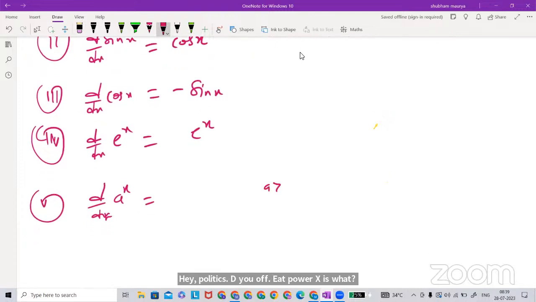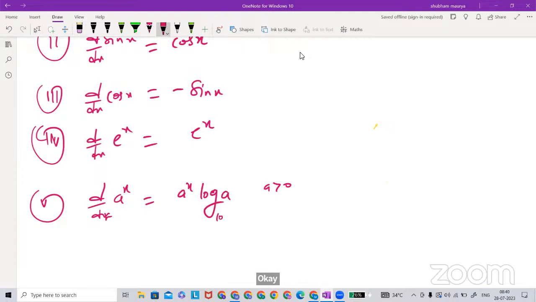A is any number greater than 0. Can you tell me? A power x, log is there, no? Log a, right? With base 10.